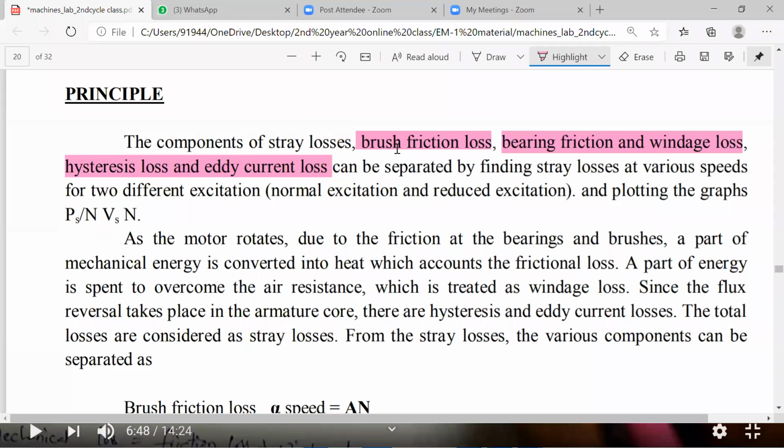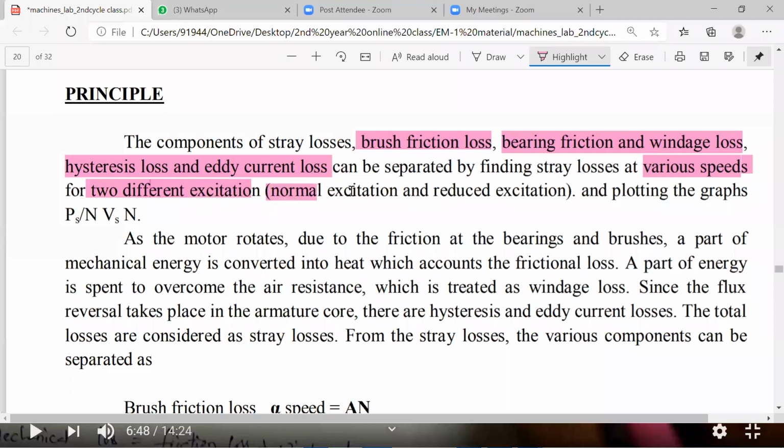These four can be separated by finding stray losses at various speeds for two different excitations. Various speeds means the speed of the motor is varied in this test, and at two different excitations, meaning the excitation is also varied.